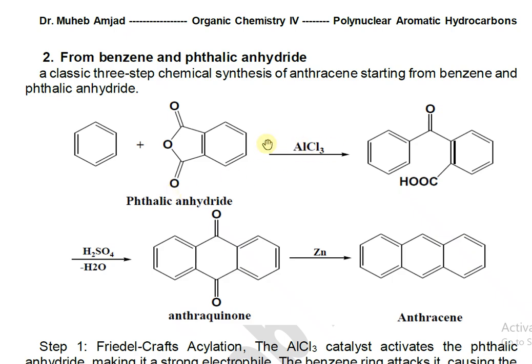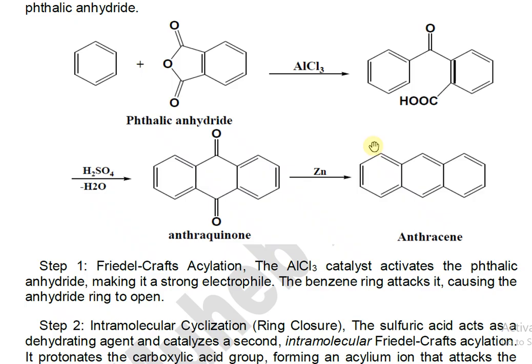The first reaction is acylation with aluminum chloride. The anhydride opens, and this side will be the carboxylic acid side, and this will be the electrophile when it reacts with AlCl3. The electrophile will substitute on the benzene ring. This is step number one.